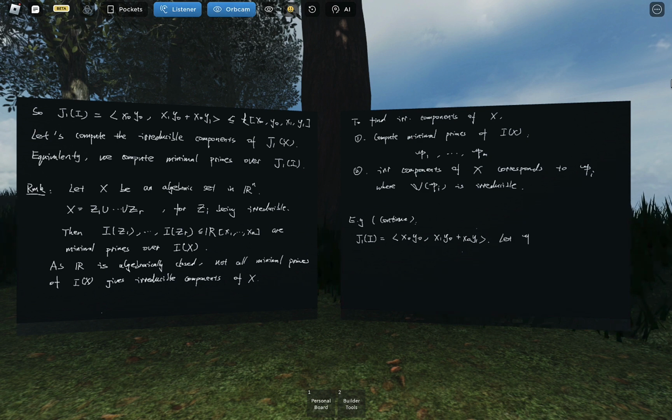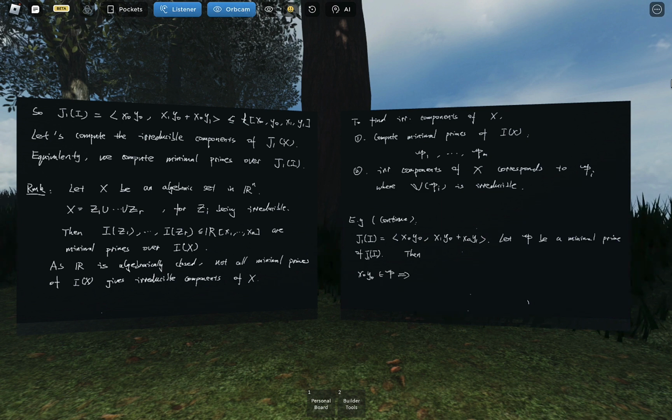Let P be a minimum prime of I, so it's a minimum prime ideal over this J_1 I. It has to contain these elements.